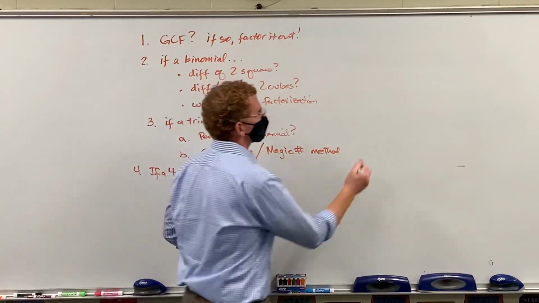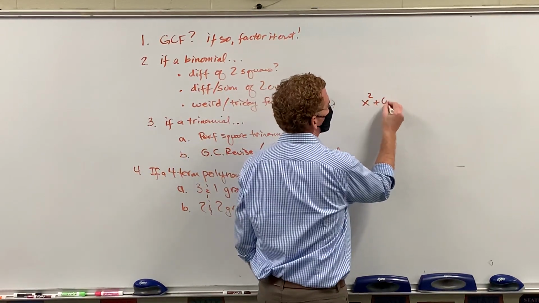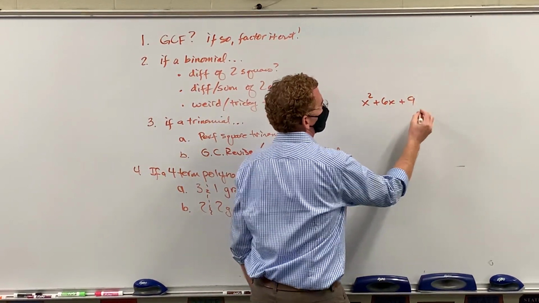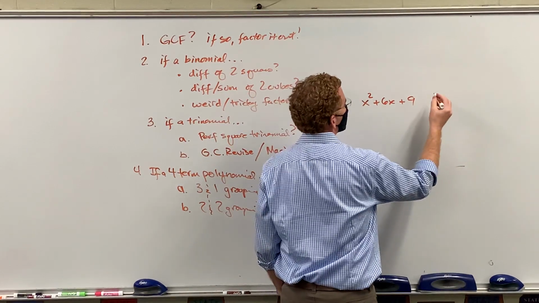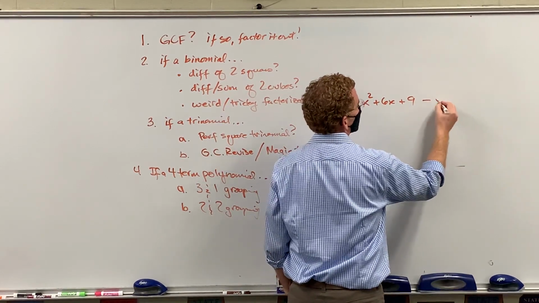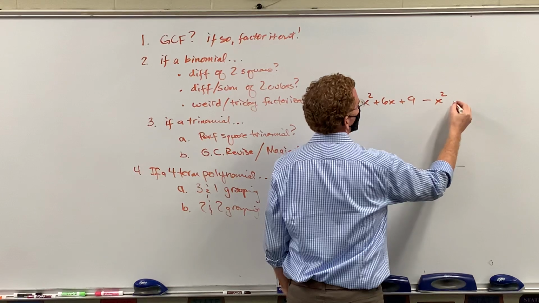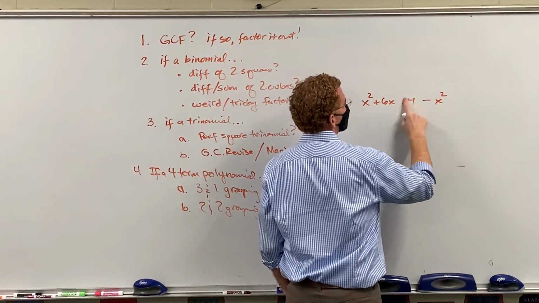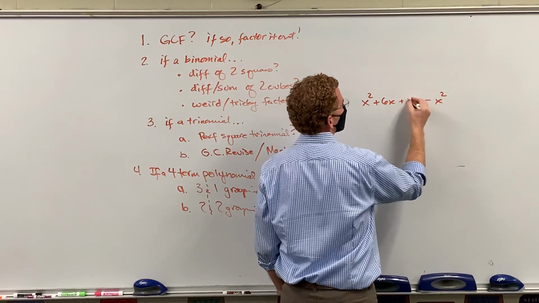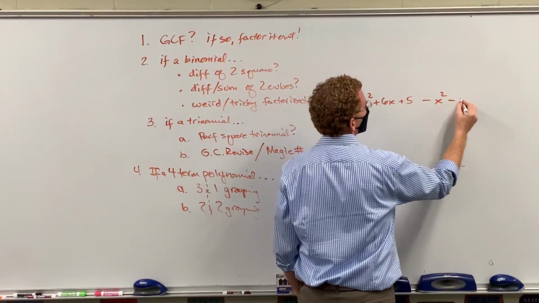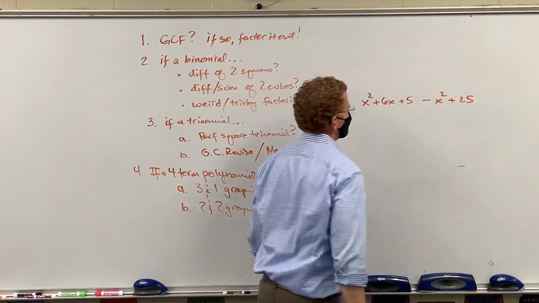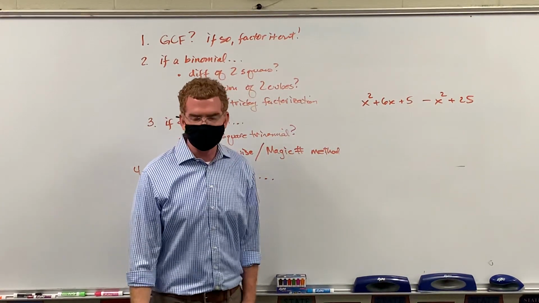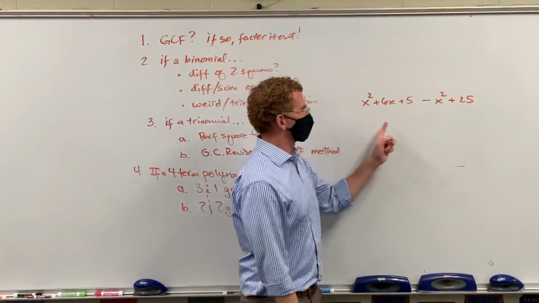Here's an example. What if I had x squared plus 6x plus 9 minus x squared? How about this? Now, this is a little lame because you'd probably go, I'm just going to cancel that out.